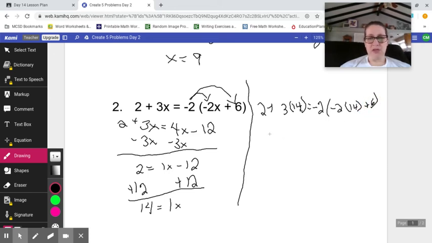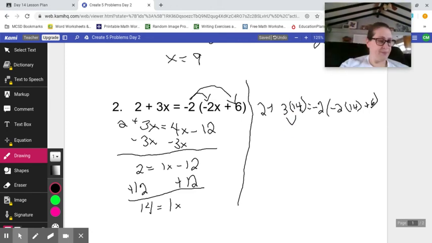Okay, so I'm going to do my multiplication here. 14 times 3 is 42.